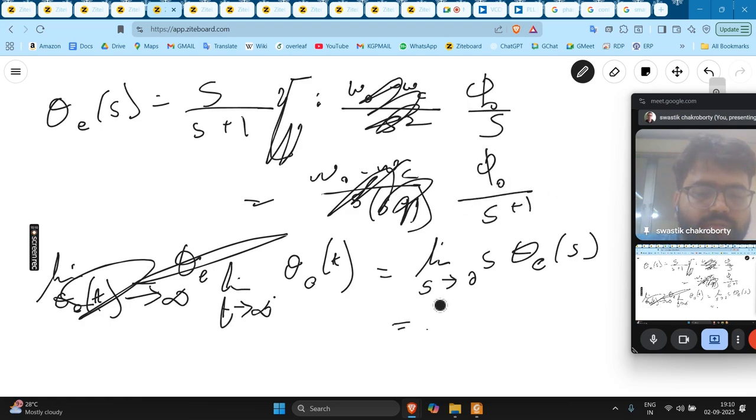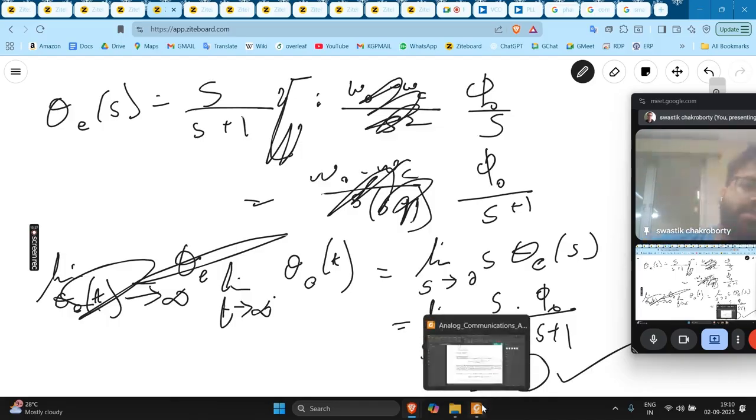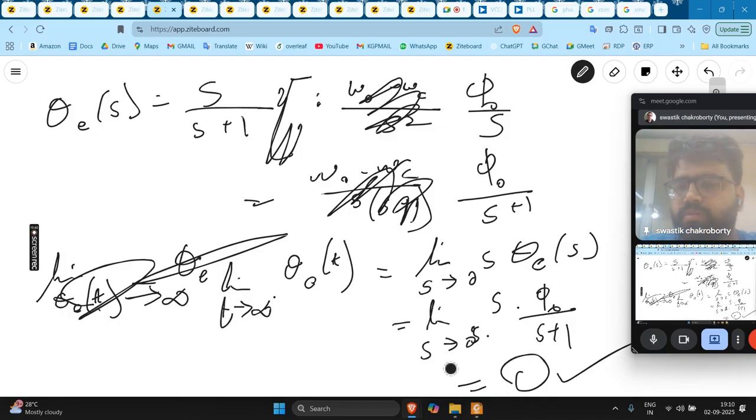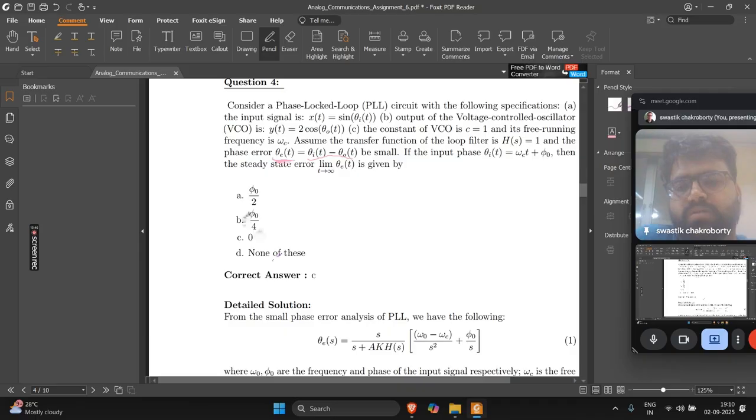So ultimately what you have is limit s tends to 0, s into phi naught by s plus 1. So if you put s equal to 0, you will get 0. So at steady state, the error is 0. So we can say that at steady state, it achieves perfect tracking, and the difference between the tracked voltage and the actual voltage becomes 0. So the answer is 0.